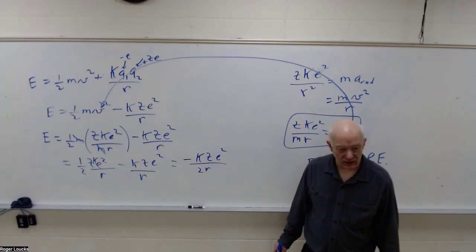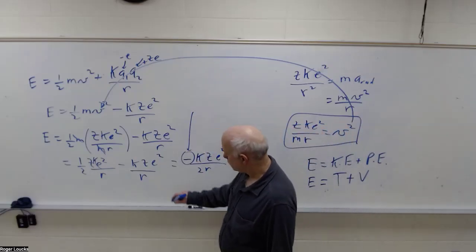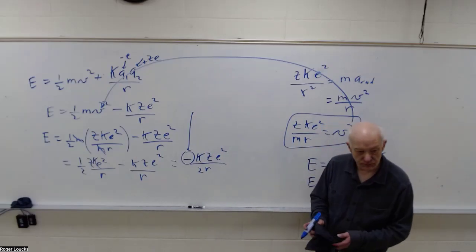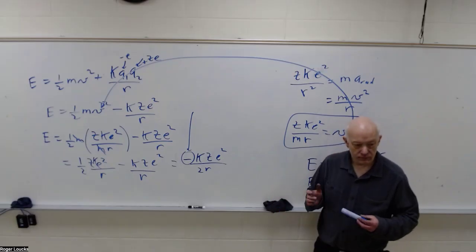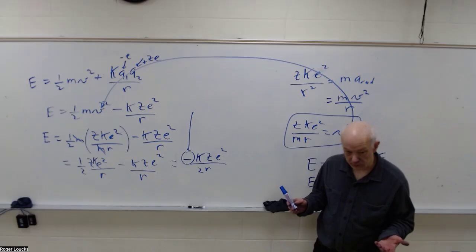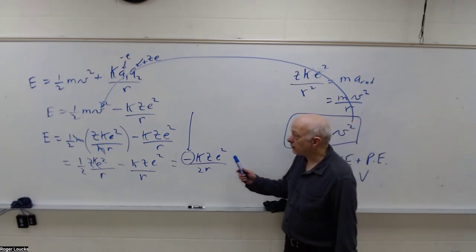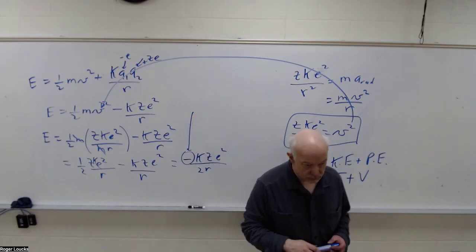What does the minus sign here mean? What does it mean to have a negative energy? What can the kinetic energy never be? It can never be negative. Where's the minus sign coming from? It's coming from the potential. So what does that mean about this term and this term? That the potential is greater than the kinetic.